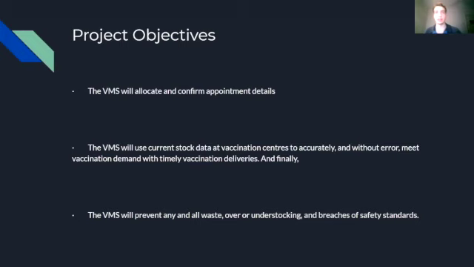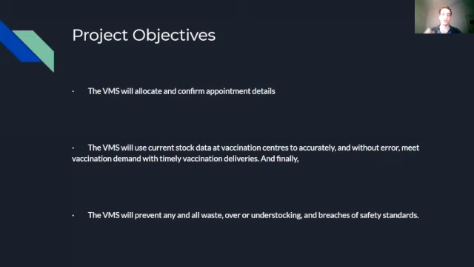Lastly, I'll cover the objectives of the project. Taking into consideration the problem definition of the topic and our understanding of the stakeholders through our empathy and journey maps, POV and how might we statements, our team has defined the objectives of the project as follows. Firstly, the vaccination management system will allocate and confirm appointment details accurately and efficiently.